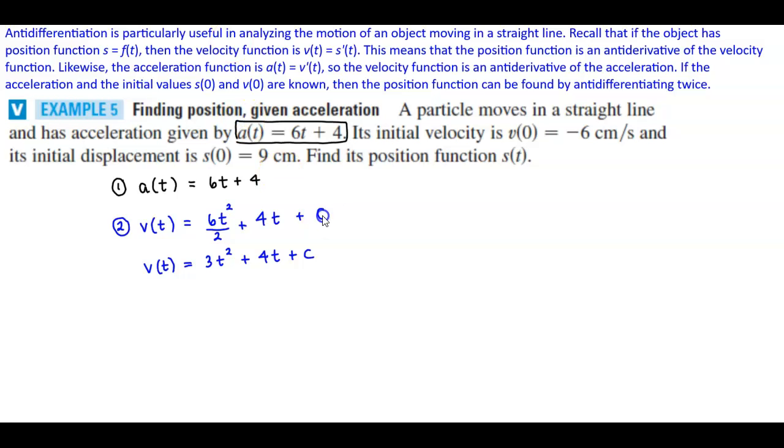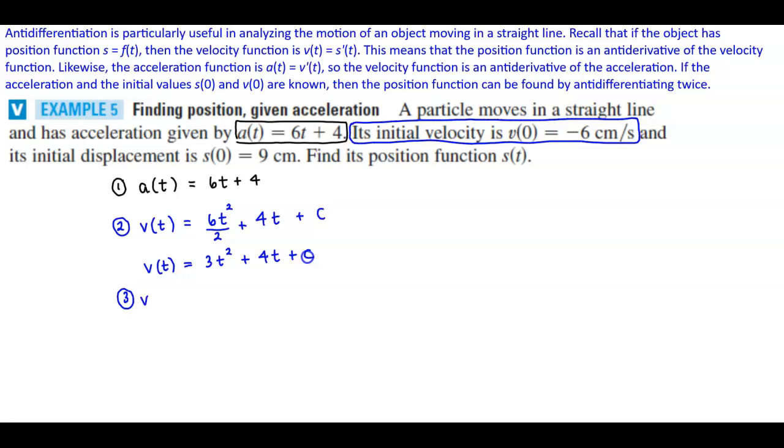Now, what else do we know about this? We know the initial velocity is v of 0 equal to negative 6 centimeters per second.